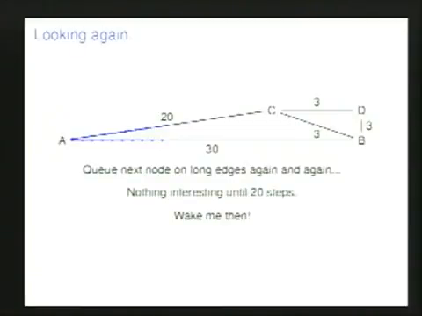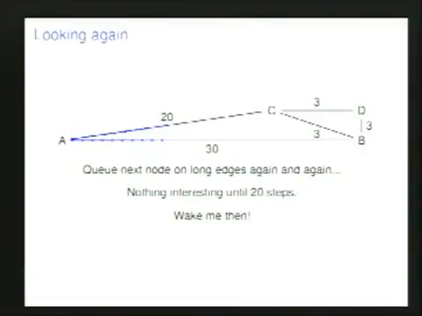We can see that when I look at A, I look at C, I see that I have an edge of length 20 and I have an edge of length 30. And I say, well, nothing's going to happen for 20 steps, right? I'm just going to explore these dummy nodes for 20 steps.